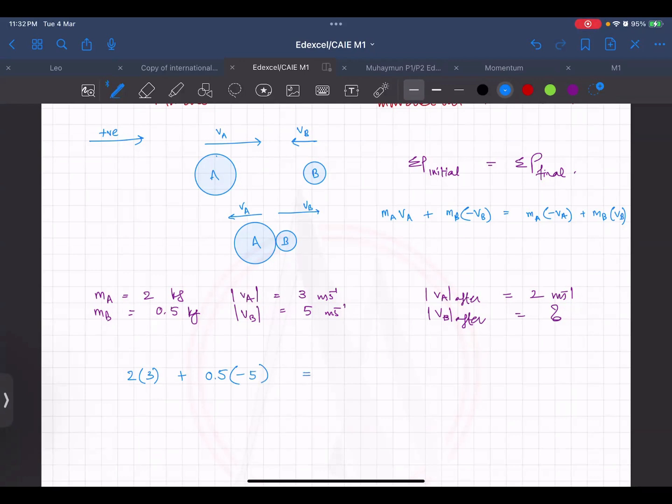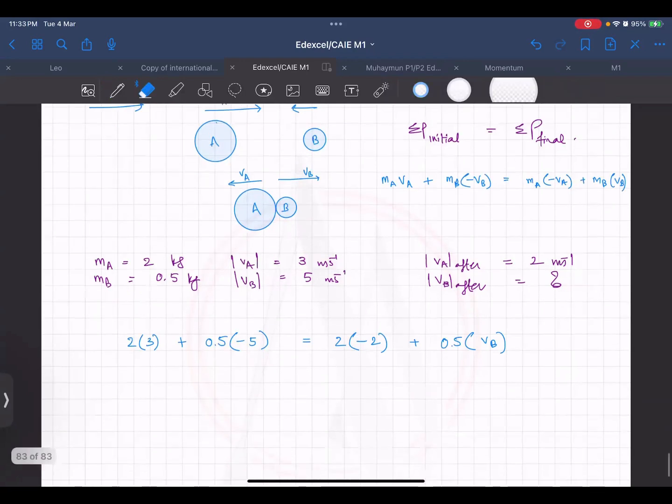This is equal to, again, mass of A, which is the same, mass doesn't change, times the final velocity after collision of A, which we are considering in the negative direction, -2. Plus 0.5 times the velocity of B, which we have considered in the positive direction because it is on the right side. Now we find this VB.